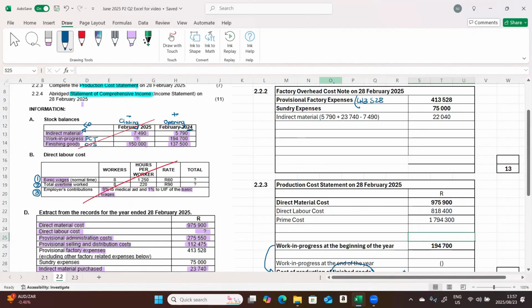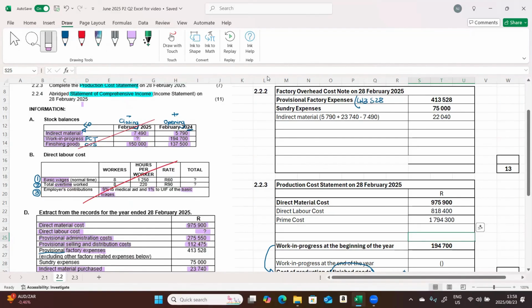They put it as a total already for you. If they say it's provisional, that means we're going to have to make some changes to this amount, but they did not allow you to make changes to it over here, because they did not make a bracket and put it as a pre-adjustment amount.